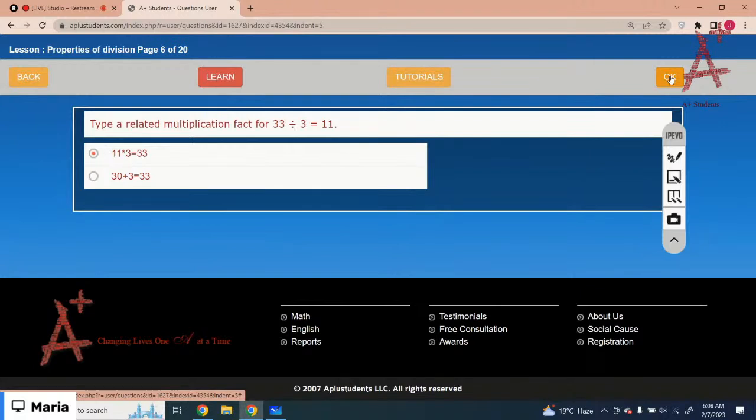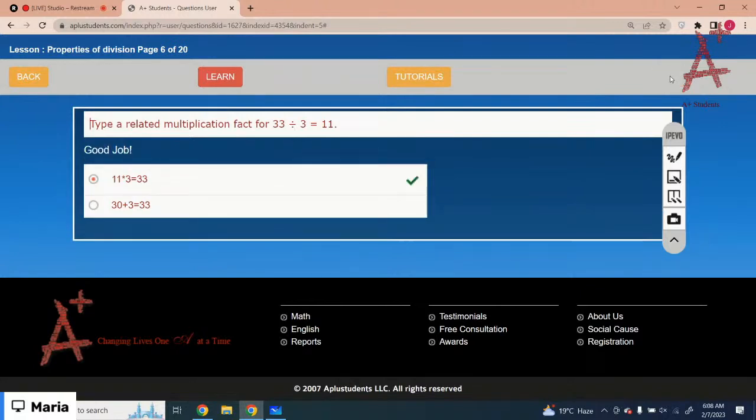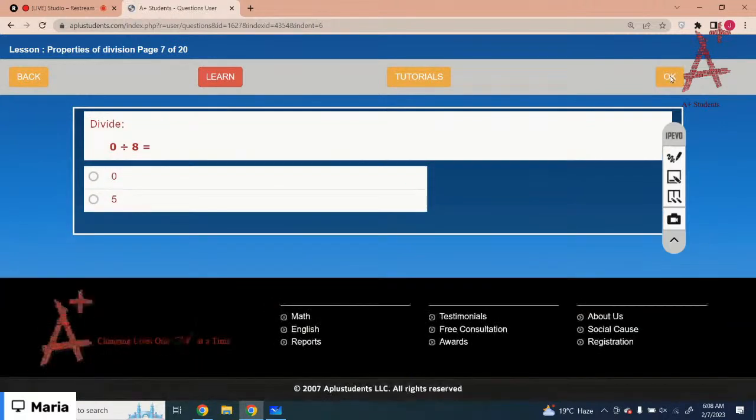Okay, the next one is 0 divided by 8 equals. 0 divided by 8 is 0. Got it?